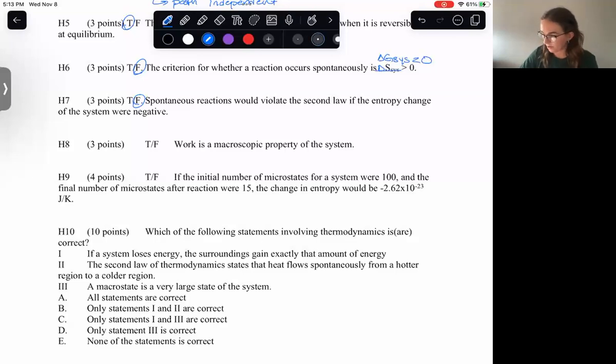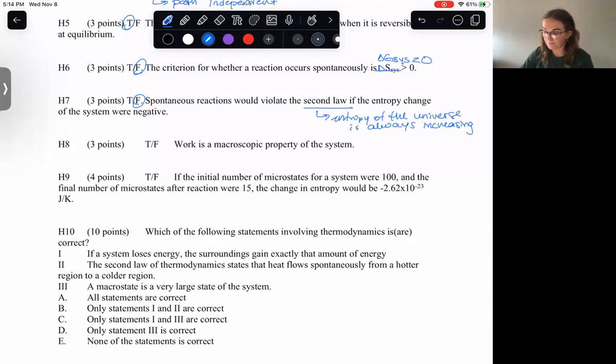So the second law of thermodynamics tells us that the entropy of the universe is always increasing. Yep.